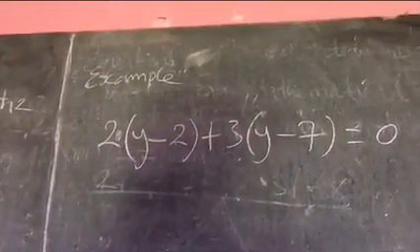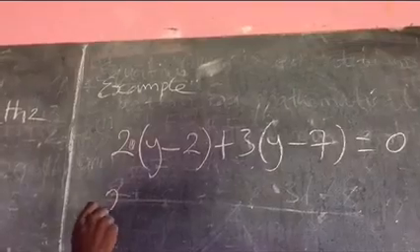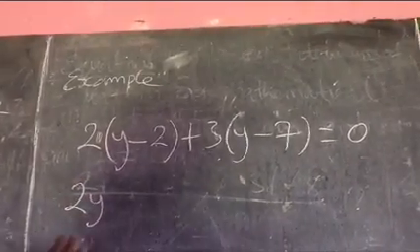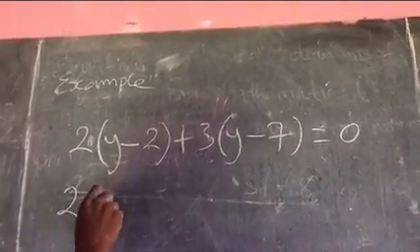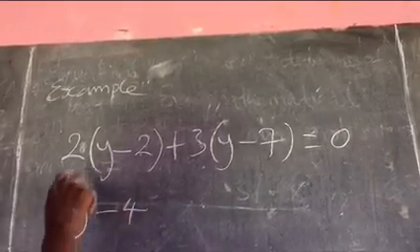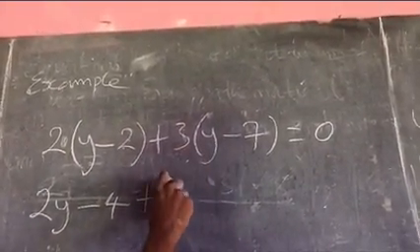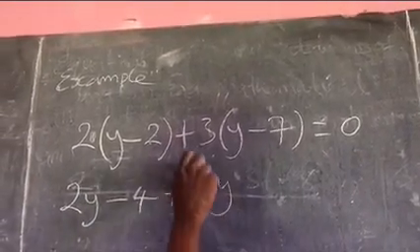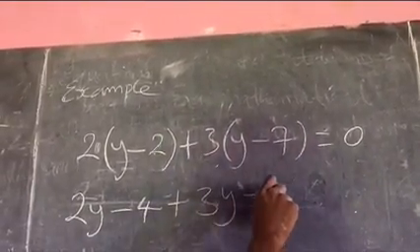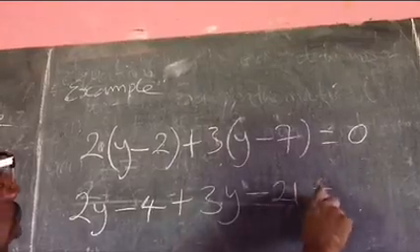We'll just open the bracket. 2 times y will give me 2y. 2 times 2 will give me minus 4. Then we'll bring this plus. 3 times y will give me 3y. And then that one will give me minus 27 equal to 0.